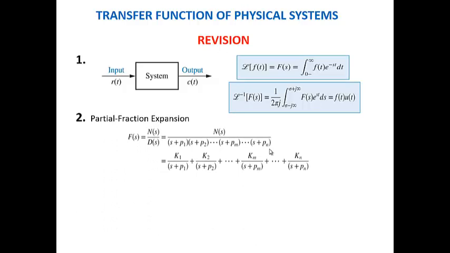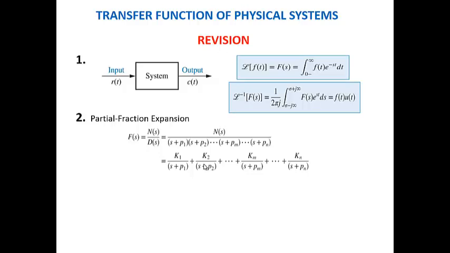For the second one, you need to understand about the partial fraction expansion, how you want to do your partial fraction expansion. The first thing about the partial fraction expansion is in order to find your Laplace form by simplifying it into a standard form. So you can use your table, you still remember your table.